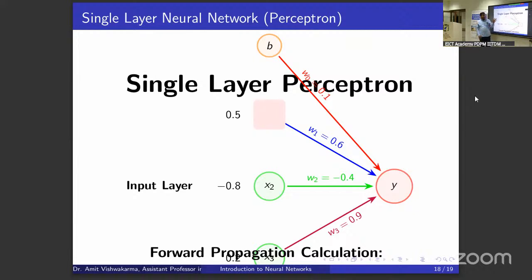So we do this, and Wx is done, plus B. In the majority of cases, the weight which is multiplied by B is 1, but this weight can also be different, as mentioned in this diagram. So Y will be this multiplication plus this multiplication plus this multiplication plus B into this multiplication.